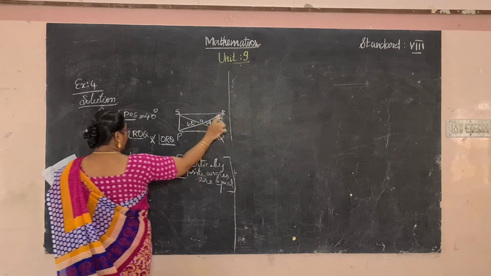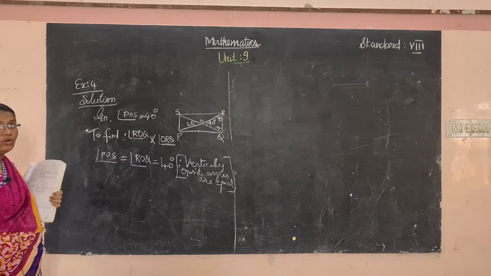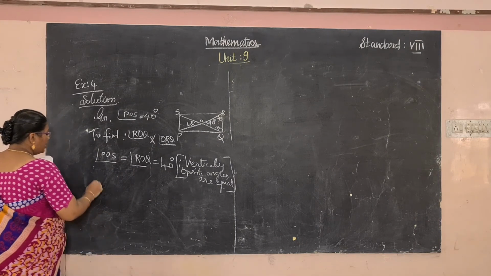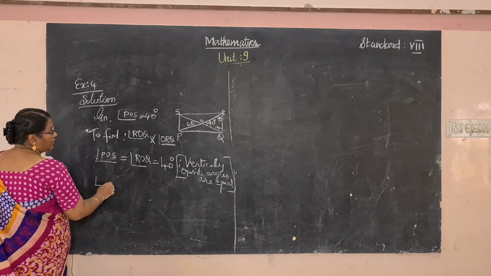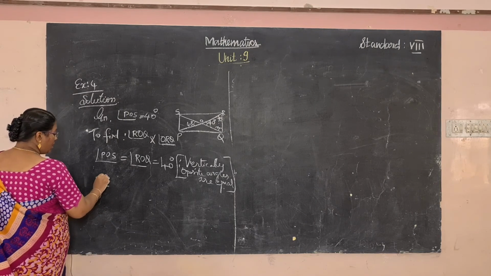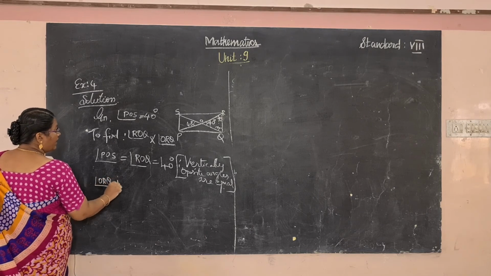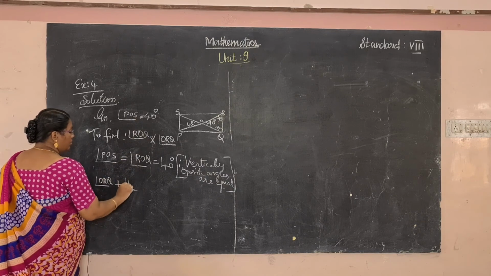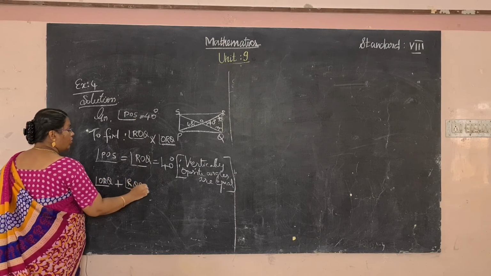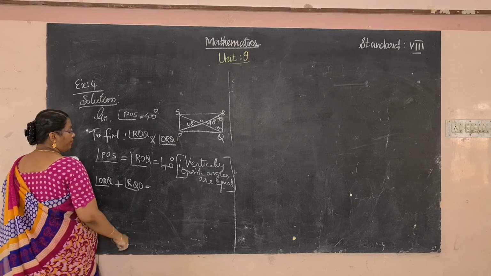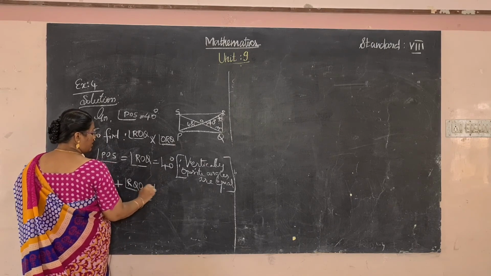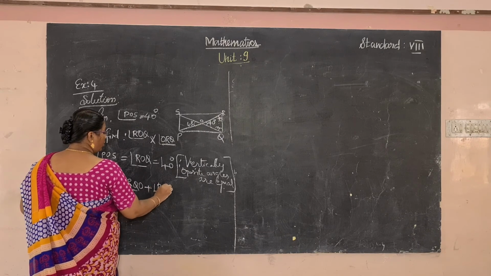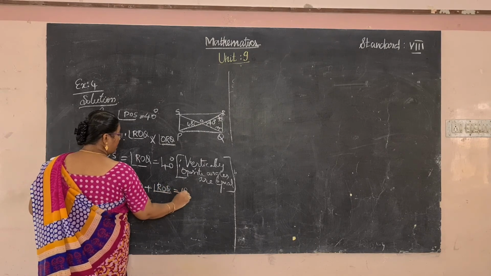Now we have to find out the value; this is 40 degrees. What is the relation between these three angles? We have learned one property. What is that? Angle sum property of the triangle. Sum of the angles: angle ORQ plus angle RQO plus angle ROQ is equal to 180 degrees.